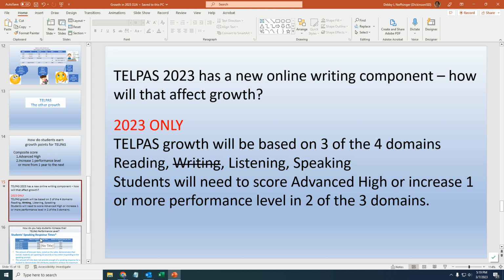This is the first year in which the teachers aren't scoring, that TEA is scoring the writing. And so for 2023, TELPAS growth will be based on 3 of the 4 domains. So it will be based upon reading, listening, and speaking. And students will need to score advanced high or increase one or more performance levels in 2 of those 3 domains, and they will get their growth point.